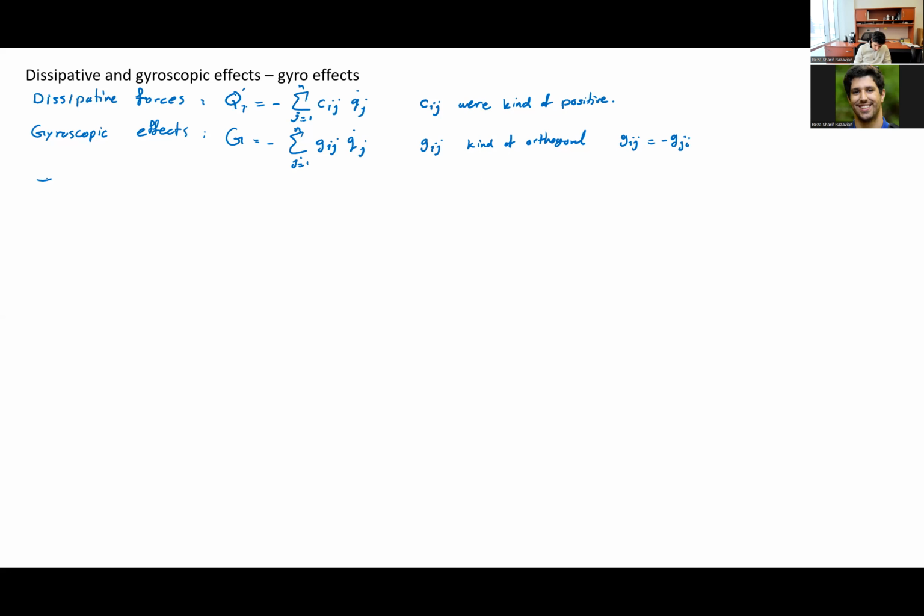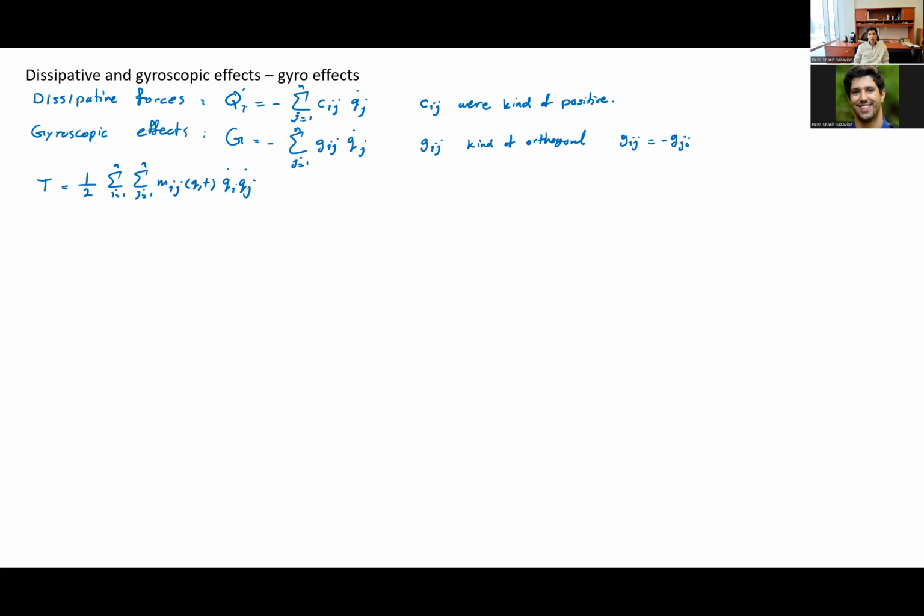So if you recall in the kinetic energy formulation in the configuration space, we had a few terms. So there was this one, sum of i from 1 to N, sum of j from 1 to N, Mij, which could be functions of positions, q dot i, q dot j.